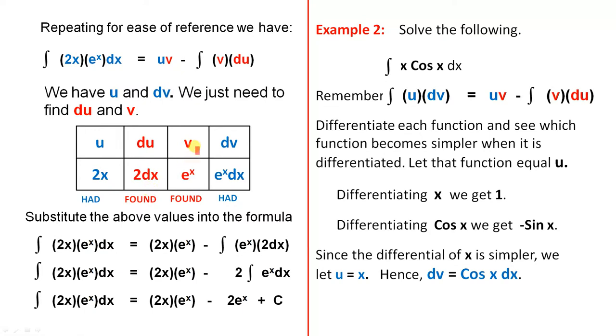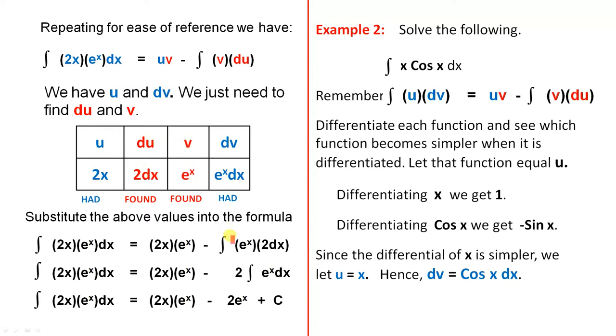And v, now if dv is e to the x dx, if we integrate e to the x dx, we get e to the x, because we saw in earlier videos that the integral of e to the x dx was just e to the x. So we have found the two red values, du and v.